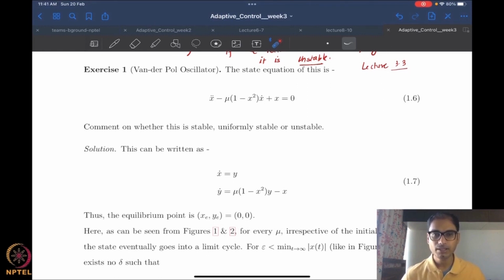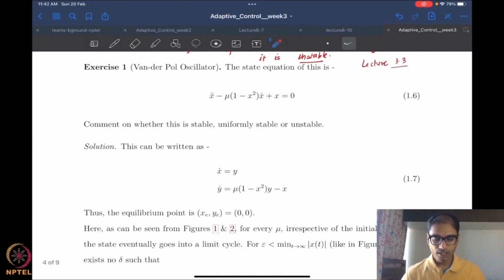For example, pacemakers that are used in the hearts of individuals who have arrhythmia and other inherent issues. What we want to do here is to look at whether it is stable, uniformly stable, or unstable.